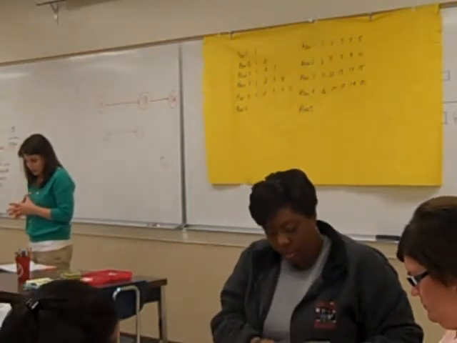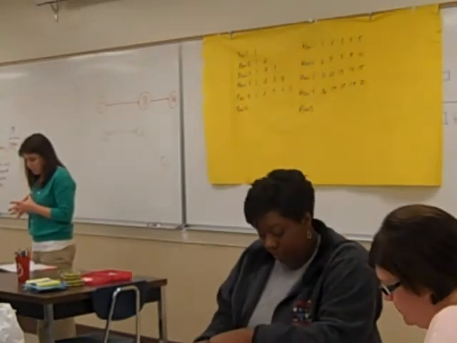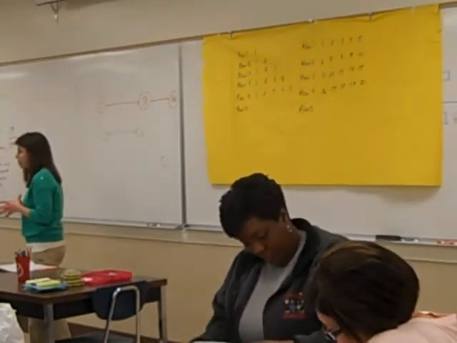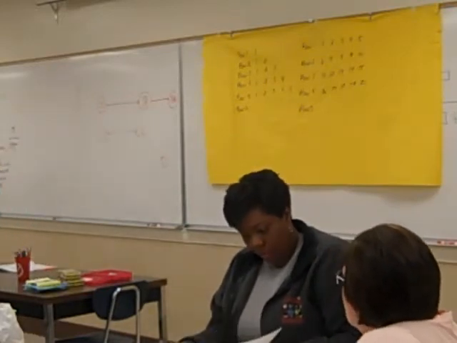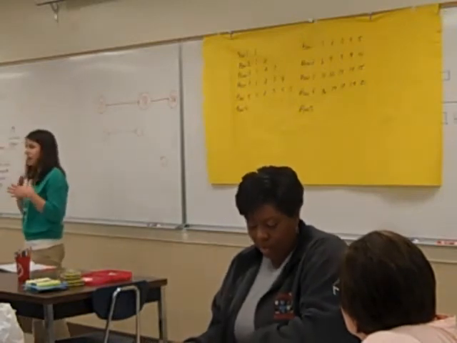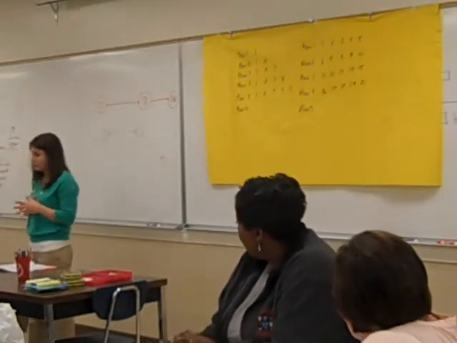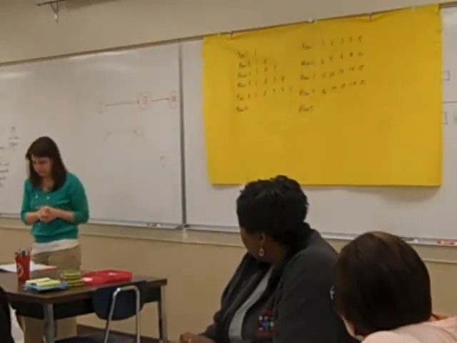So we want to have some of that prior knowledge. We also want them to be able to use ordinal language. Ordinal being like first, second, third kind of relationships. So the positions of numbers, last number, that kind of thing. Those are all things that our students need before we approach this activity.